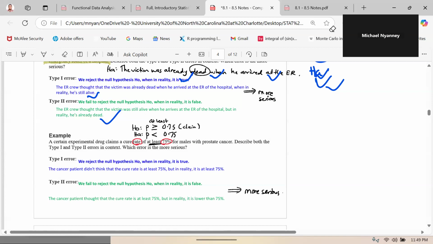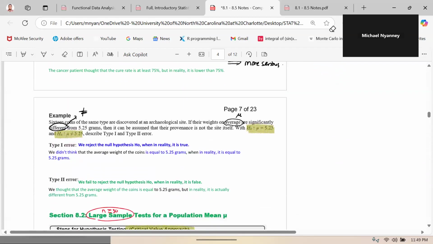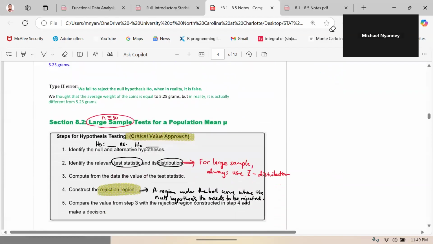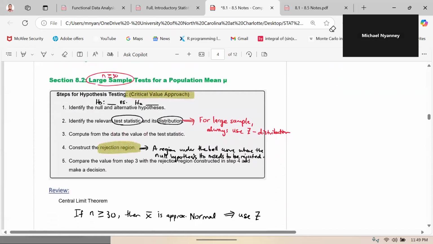HA. That is how you're able to write them. So first of all, determine your H naught and HA based on the statements. Okay, all these are some examples. All right, let's move on to section 2 very soon.